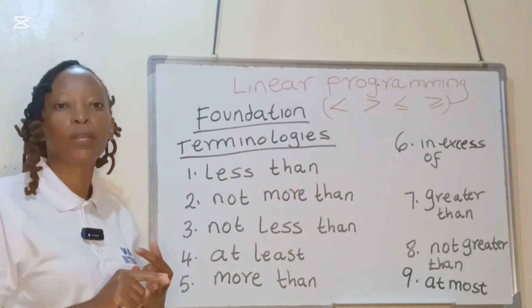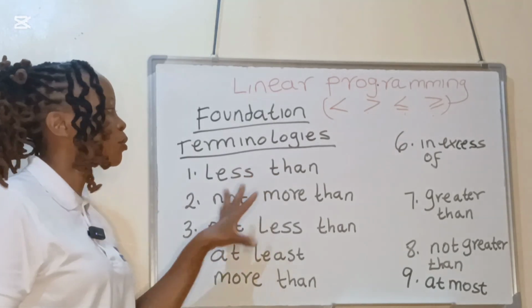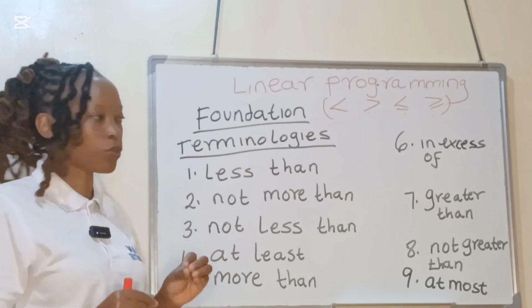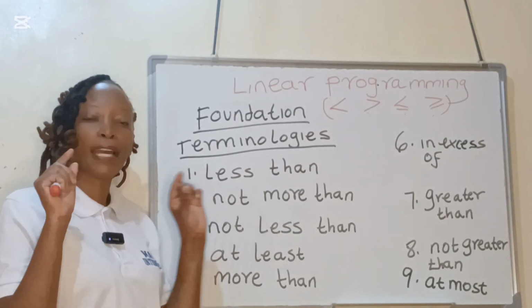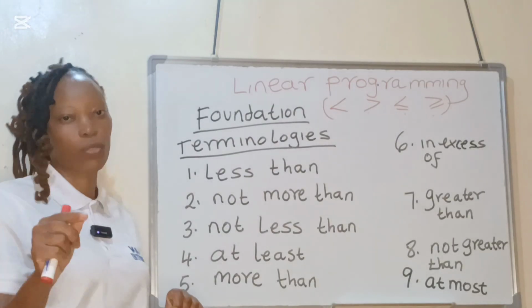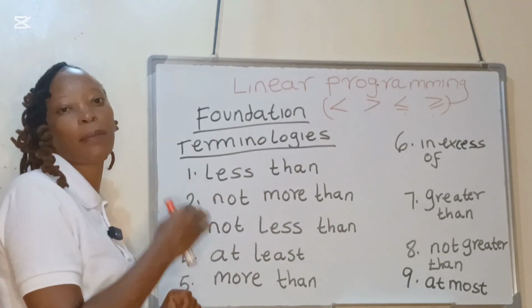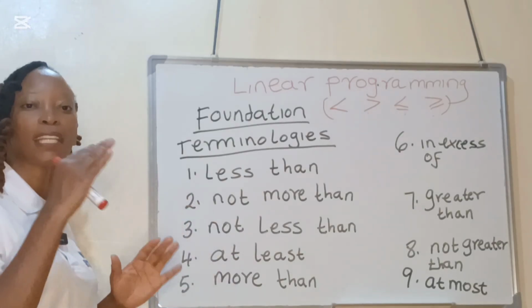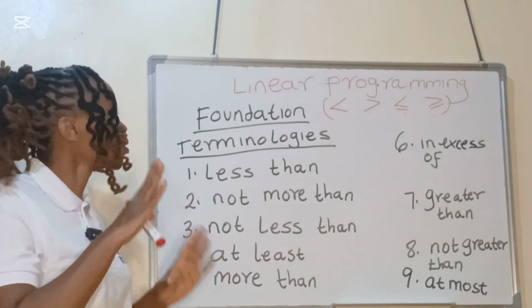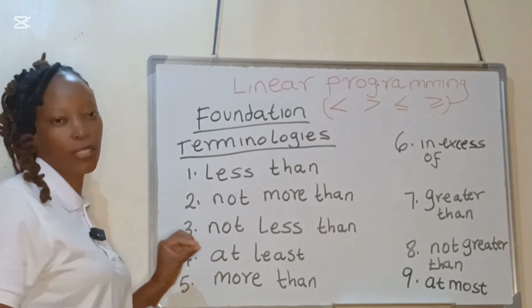You are going to group them according to opposite and synonym, because I'm going to give you the explanation and interpretation. By the end of the lesson, you are going to understand these 9 terminologies. Note that these 9 terminologies are the ones that feature in your exam. Questions on linear programming will have these 9 terminologies.